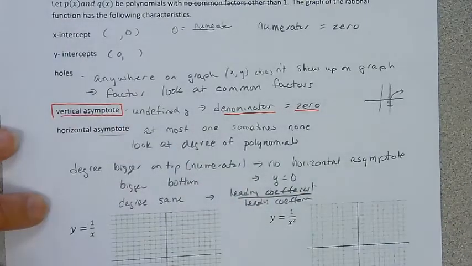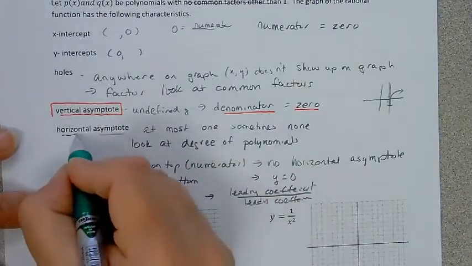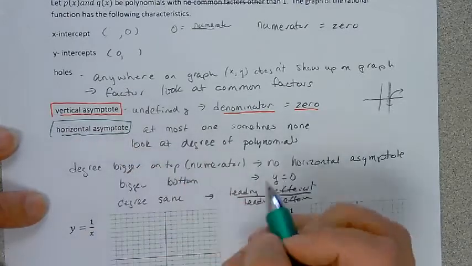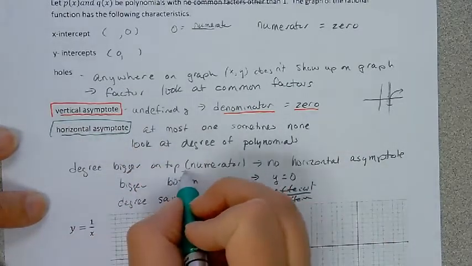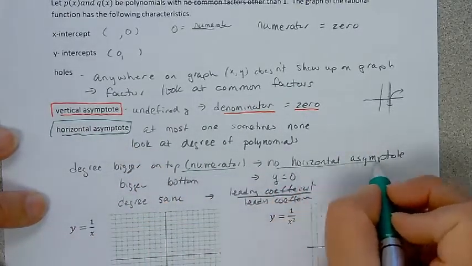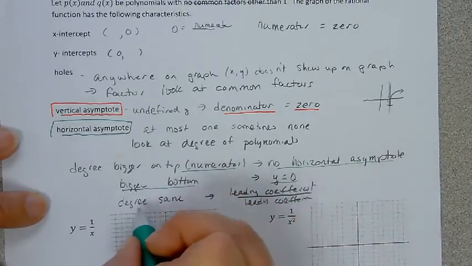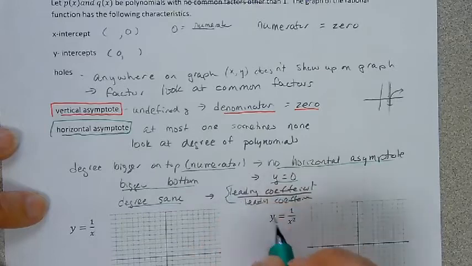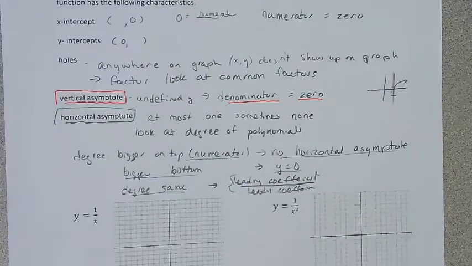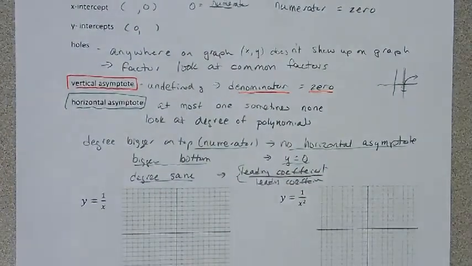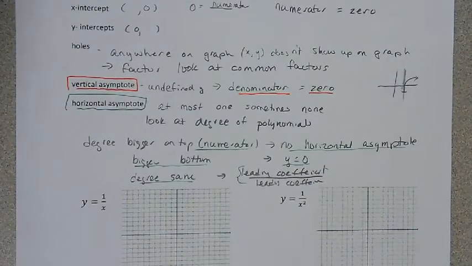So I'm going to write my horizontal asymptotes with green. So when the numerator is bigger, no horizontal asymptote. When the bottom part is bigger, it's y equals 0. And when they're the same, you do leading coefficient divided by leading coefficient. All right, hopefully this makes sense as we get through our examples.